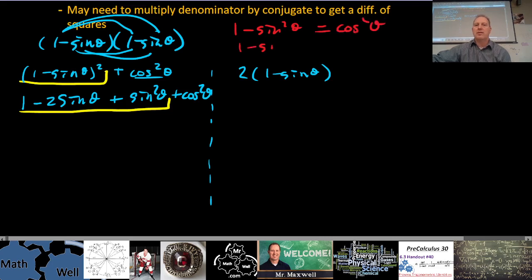But 1 minus sine theta is not equal to cos theta, which is what I heard you say. Is that what you're suggesting? No, can't do that. This one's good here. This one's not good. So would 1 minus cos squared x equal sine squared x? That's also a thing? Yes, 1 minus cos squared x would equal sine squared x.